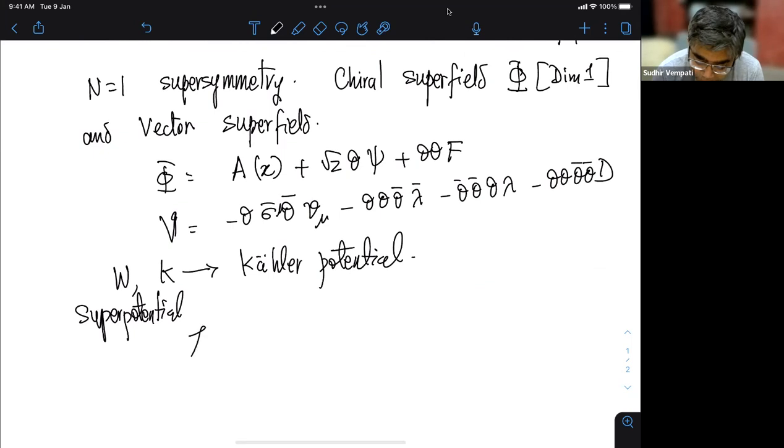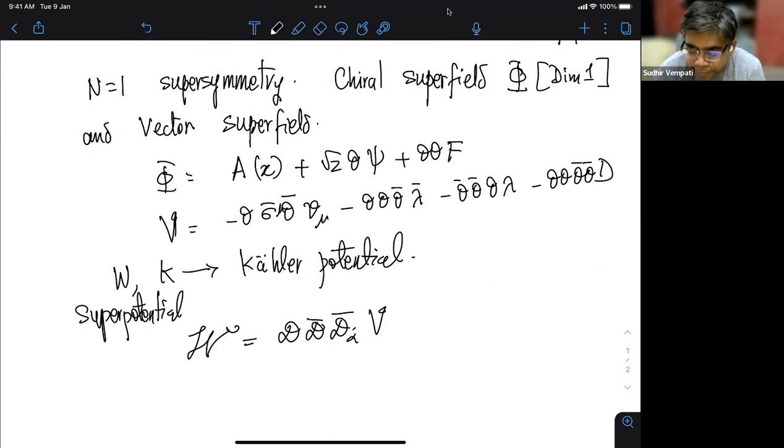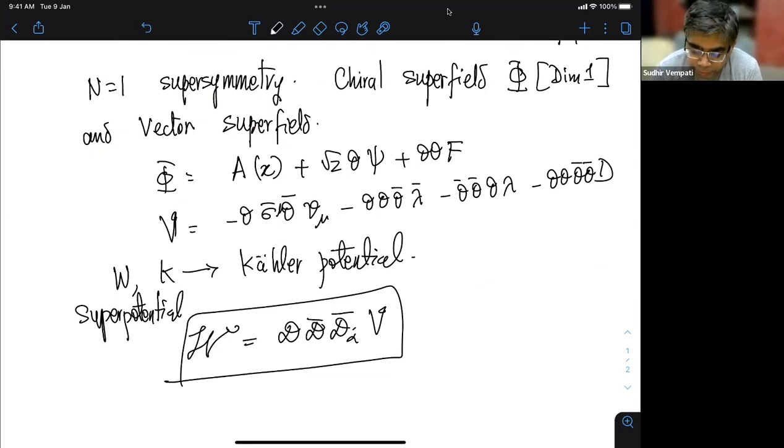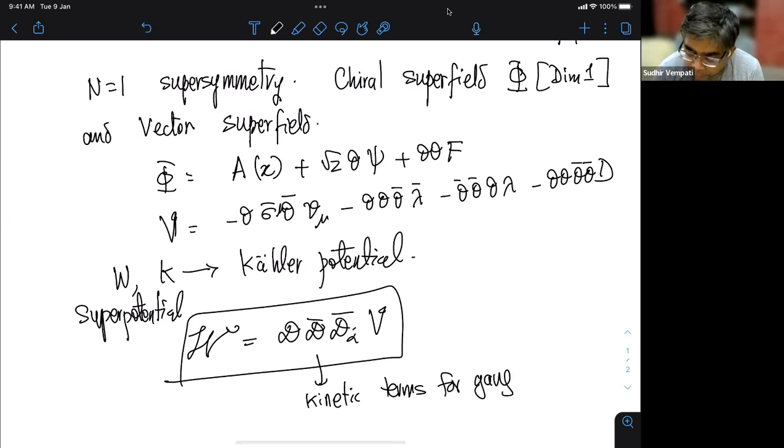And there is a field strength superfield, curly W, which is given by D bar D bar D alpha acting on V. These are your derivatives in superspace, essentially. W gives you mass terms and Yukawa couplings, K gives you kinetic terms and gauge interactions, and curly W gives you kinetic terms for gauginos and gauge bosons.